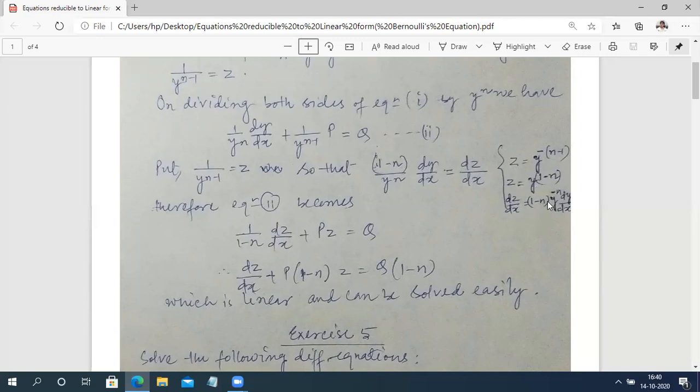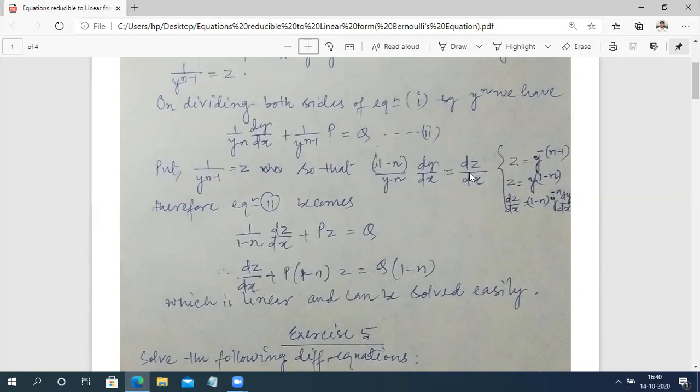So 1-n-1 gives y to the power minus n, only minus n will be left, into dy/dx, because we are differentiating with respect to x. This is a function of a function, so we have to apply the chain rule. First differentiate it with respect to y and then y with respect to x. So dz/dx will be (1-n) divided by y^n into dy/dx.